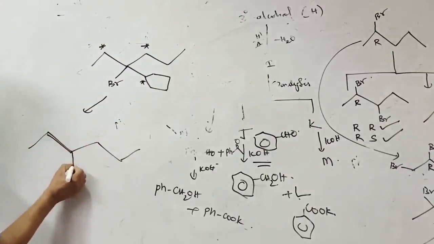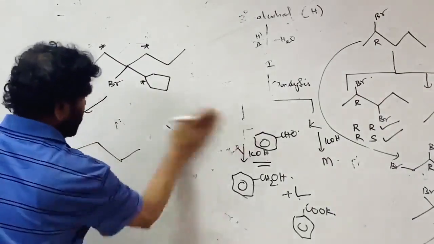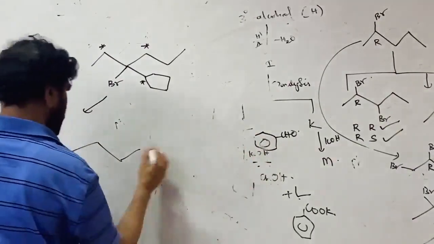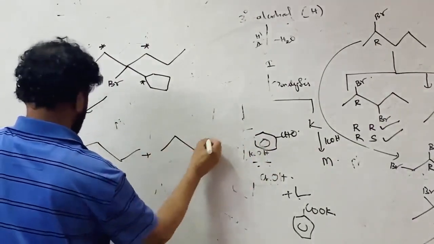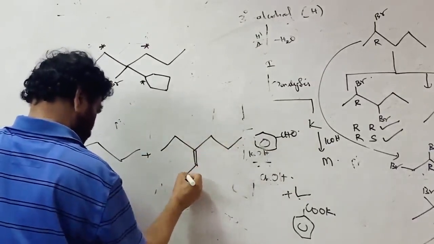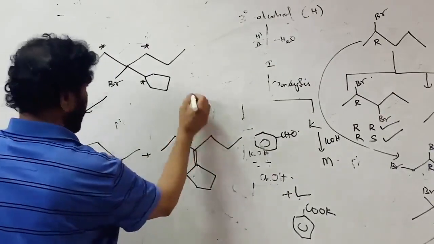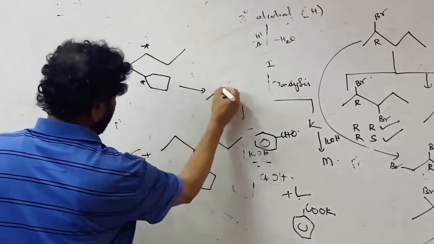This is 1, plus this is the other one. This is the second one, and the other one is from this side.